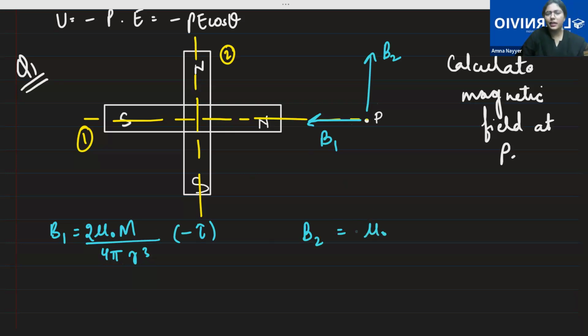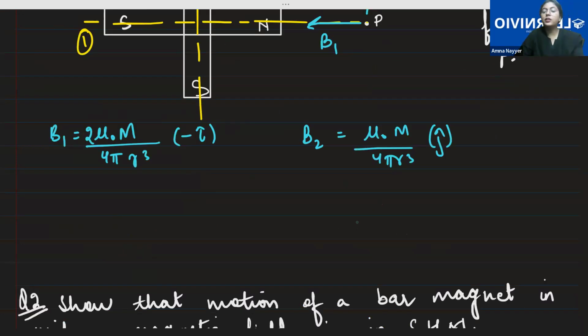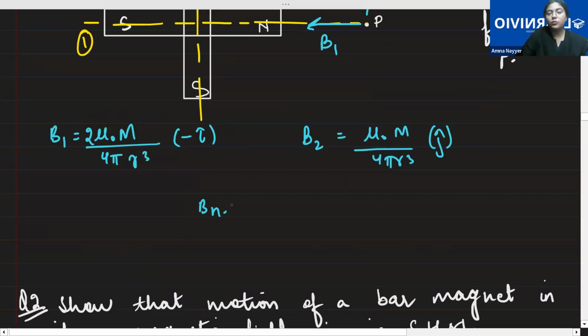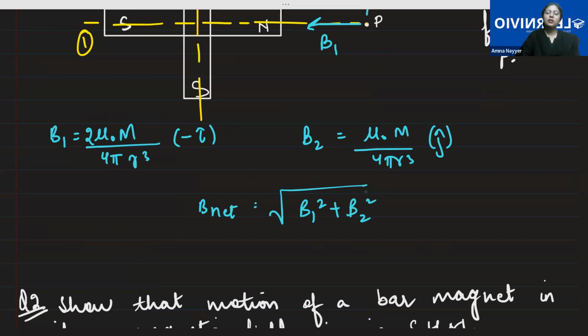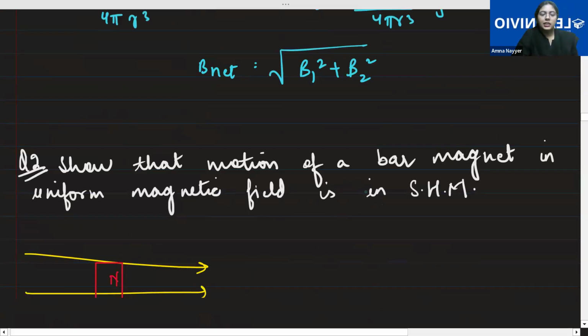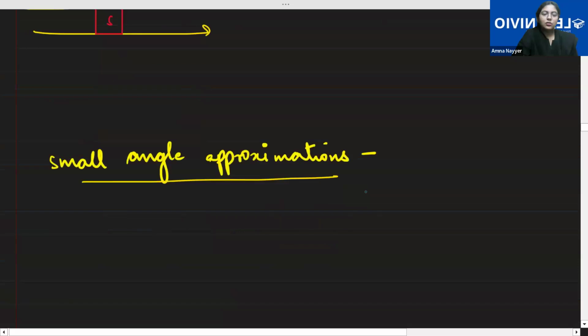This is minus, but the minus sign is for the direction. Take the magnitude, mu naught M by 4 pi R cube. This will be j cap. Now see, when you put in the values, the net value will be given by under root of B1 square plus B2 square. Now these kinds of questions we have done a lot in the previous chapter. Okay, that's why this one also let's do.